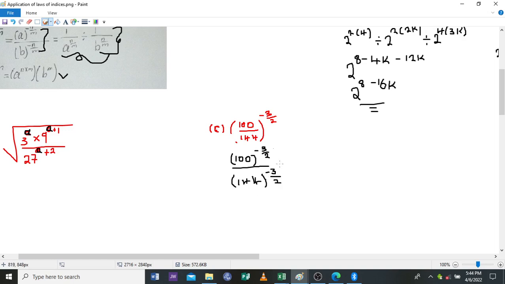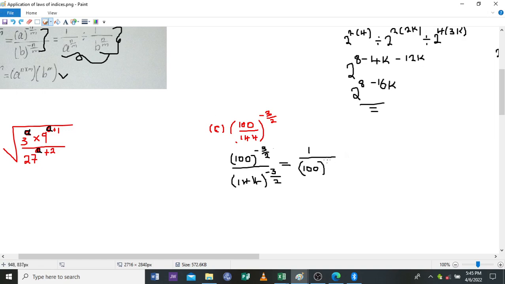Now, what does this mean? Well, this means that we can write this as a division, which means because of the power on top, we are going to have 1 over 100. I don't want to do everything at one time. Let me just write this properly.